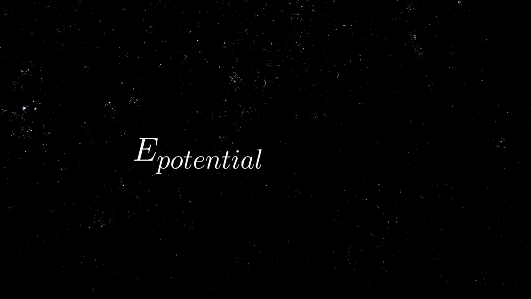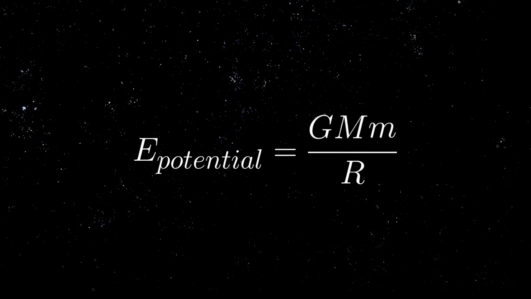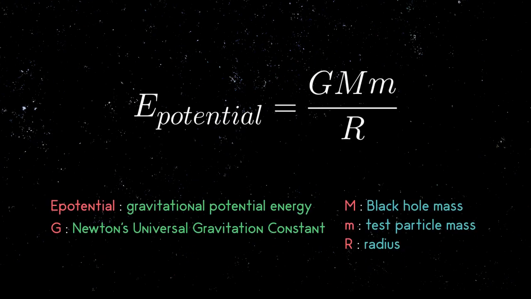Recall, for a black hole with mass M and radius r, that we consider a test particle with a mass little m. The gravitational potential energy for the infalling particle is equal to G times big M times little m divided by r.